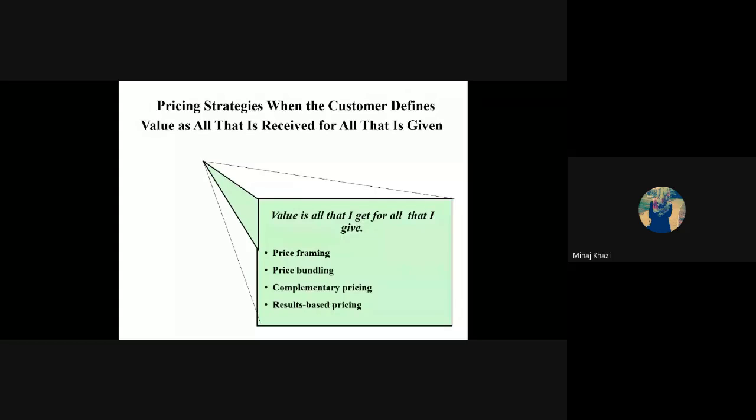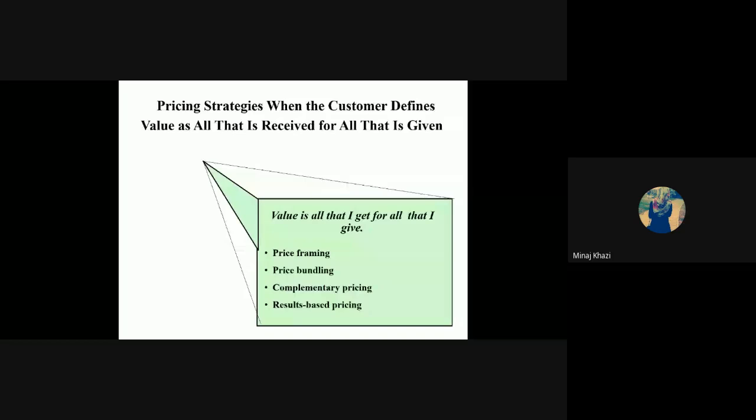Okay, so price framing. What is price framing? Price framing is when it is very difficult for the customers to know the pricing, and you frame it by giving an example. See, that brand is charging so much, I am charging this, and whatever I am providing is almost equal to what he is providing. So here you are framing your pricing by comparing different services being provided in the market.